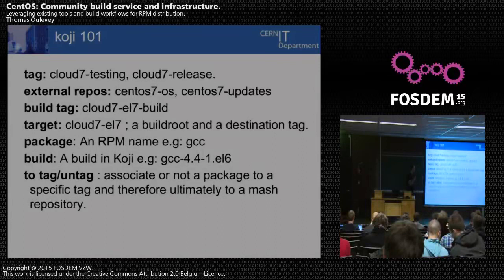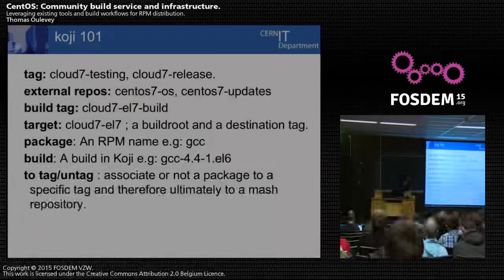A build is the resulting build from a source RPM or Git, so it can be GCC-4-1 with this tag. And finally, there are 2 actions that users may have to do: tag and untag a package. So basically, you can assign a package to a repository or unassign it. This is mainly what it means. I'll show you an example a bit later.